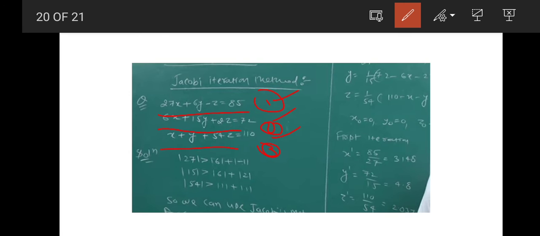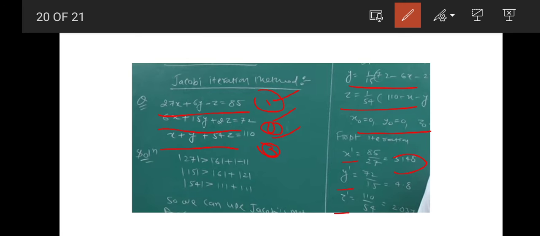After finding all three expressions for x, y and z, we put x0, y0 and z0 into them. So when we put x0, y0, z0 in, we get new values of x, y, z, which we name x dash, y dash, z dash.